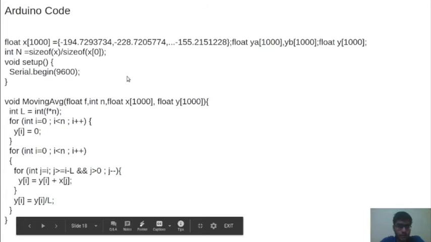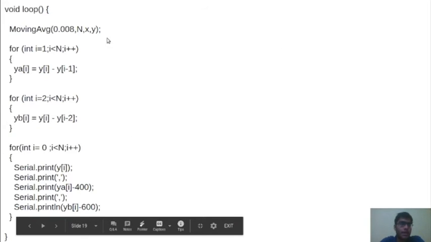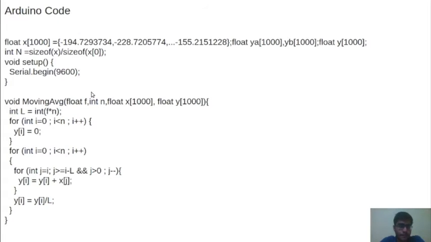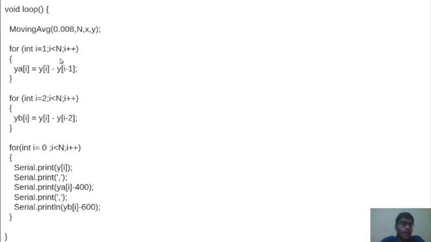With this we are completing the moving average function, and now we are moving on to the void loop, inside which whatever we write goes on and on. Now first we are calling the moving average function with 0.008 as f, and these two are the additions over here.